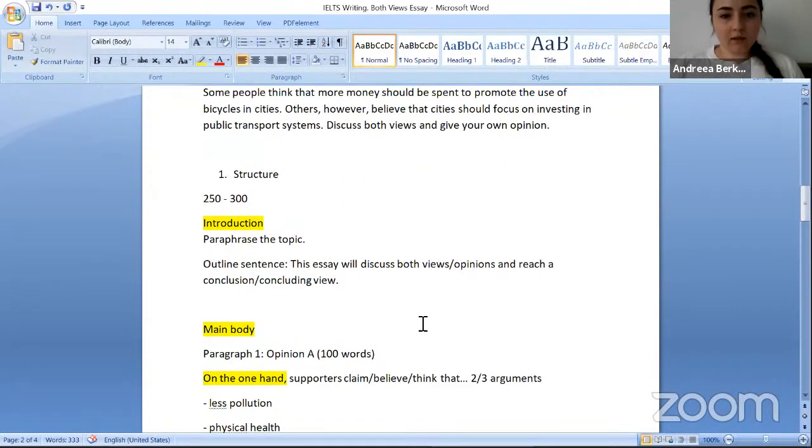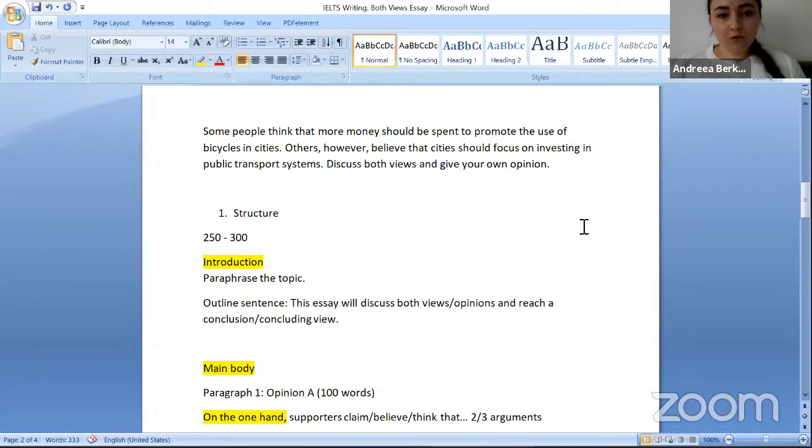The second opinion, cities should focus on investing in public transport systems. What are some reasons for this? Less pollution. Compared to what? Well, because you have an opposition to biking, to cycling.